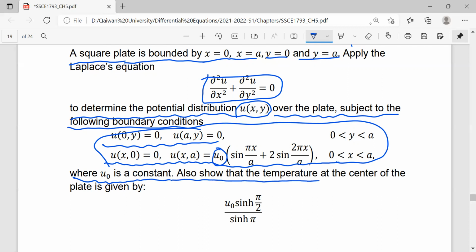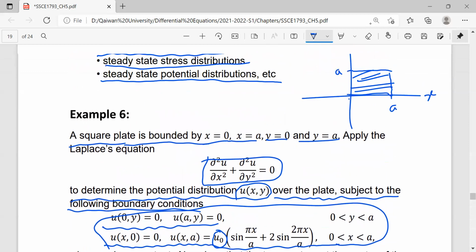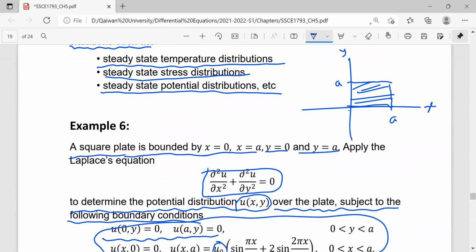Also, show that the temperature at the center of the plate is given by this. The center of the plate is the point a over 2, a over 2.